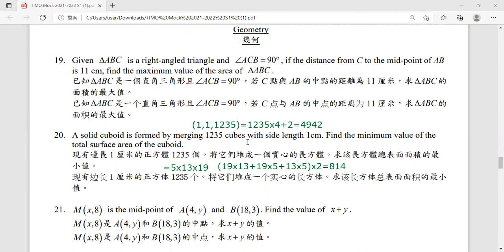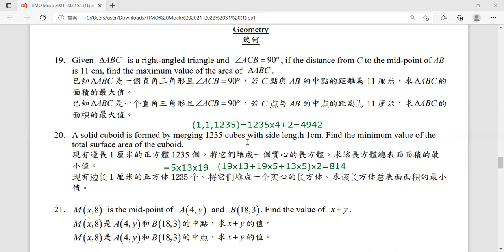But because the question here is asking about a cuboid, you have to minimize the difference of the three sides of the cuboid. The 2 is the bottom and the top.